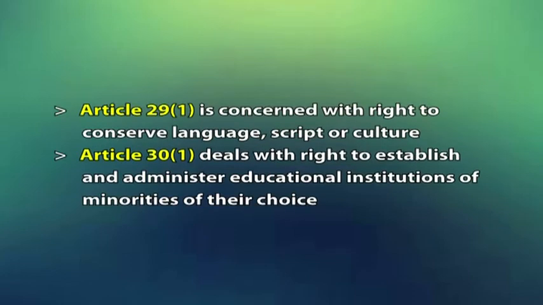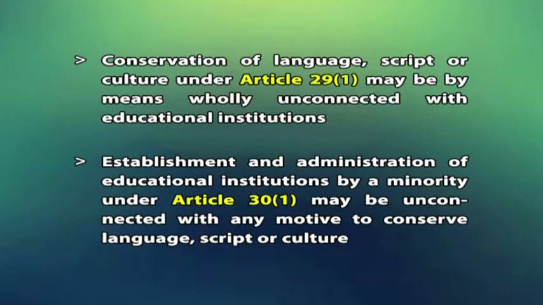Thirdly, Article 29 Clause 1 is concerned with the right to conserve language, script or culture, whereas Article 30 Clause 1 deals with the right to establish and administer educational institutions of the minorities of their choice. Fourthly, the conservation of language, script or culture under Article 29 Clause 1 may be by means wholly unconnected with the educational institutions, and similarly, establishment and administration of educational institutions by a minority under Article 30 Clause 1 may be unconnected with any motive to conserve language, script or culture.